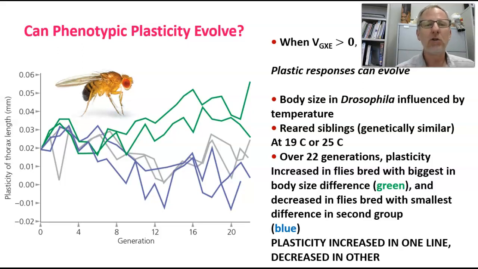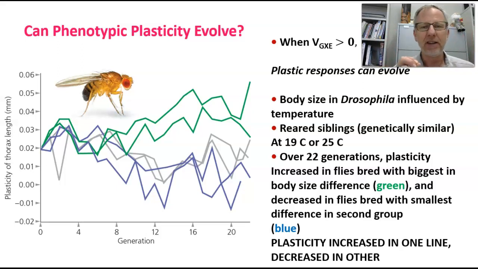And over 22 generations, phenotypic plasticity increased in the line of flies that were bred with the biggest differences in body size. And so that's shown by the green line. The green line represents those flies in a particular genetic line that were bred for the biggest differences in body size over the course of 20 generations.